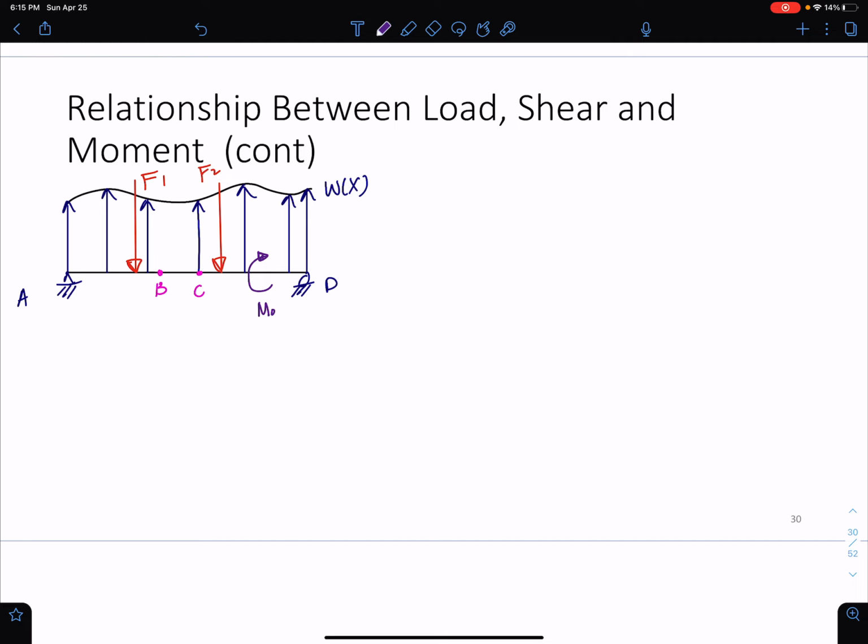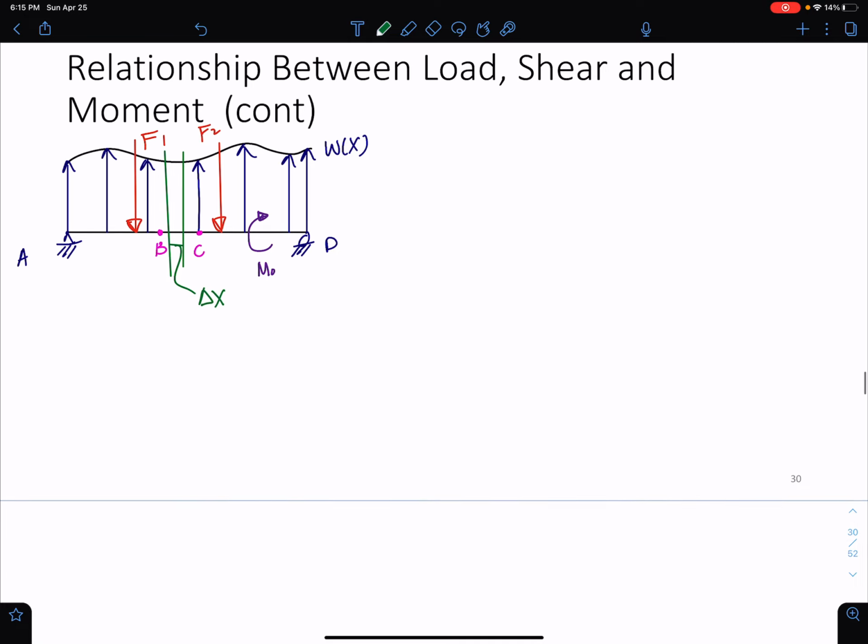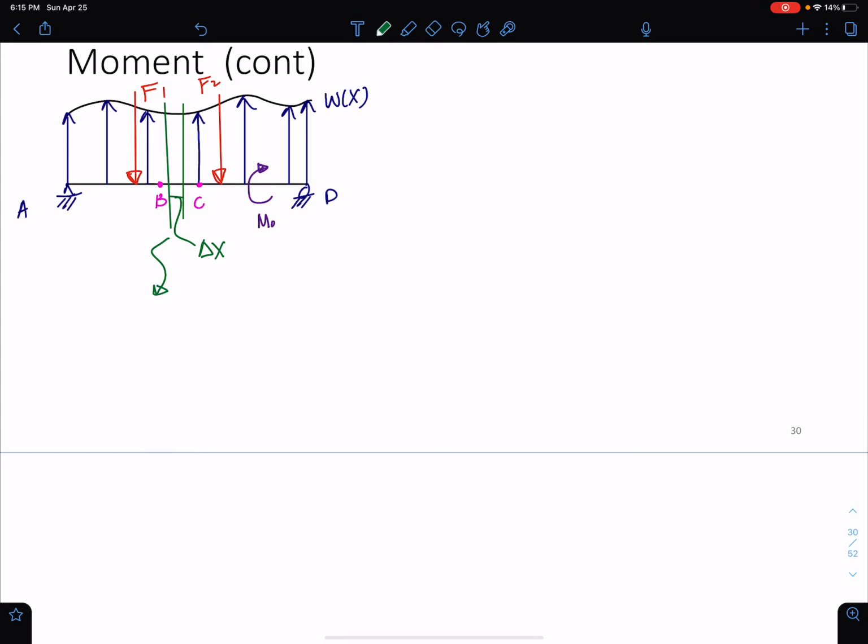What we're going to do is isolate a tiny differential element called delta x somewhere between B and C so that we can show this relationship. We isolate some very tiny element delta x where the distributed load is applied, and I'm going to expand that here. This is what that little dx portion looks like. We have the distributed load, and we have this width that we've isolated.